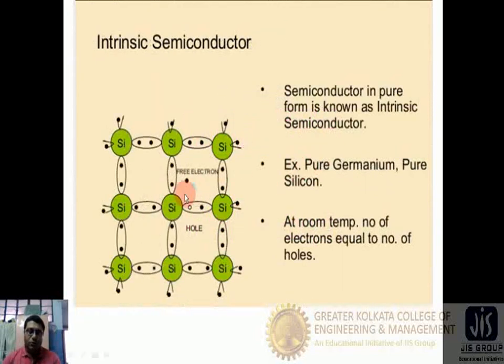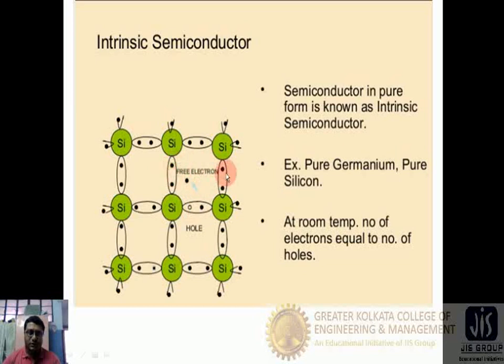So we can see the silicon shares electrons with neighbor silicon atoms. When the temperature is there, the electrons break out and move from the covalent bond and become free electrons.